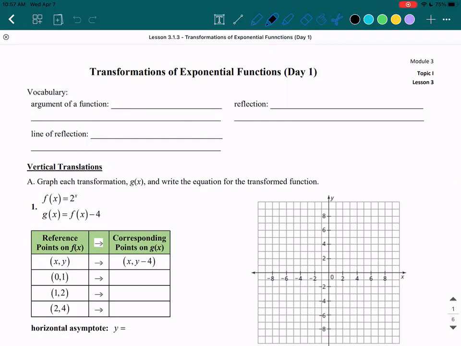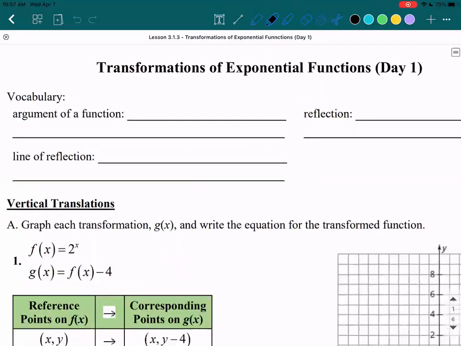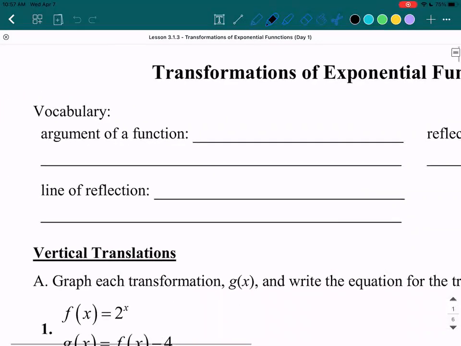So our first vocabulary word is the argument of a function. I know that sounds really weird, but the argument of a function is just another word for the input of the function. So for example, if you have the function f of x, and remember, f of x is the most standard way we can write a function.